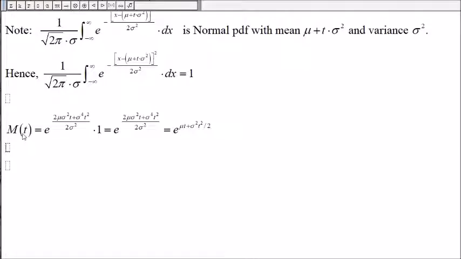And so for the normal density function, the moment generating function is equal to e to the mu t plus sigma squared t squared divided by 2. And now we will see how this function is related to the expected value of x and the variance of x.